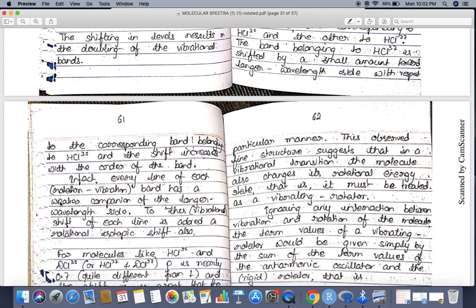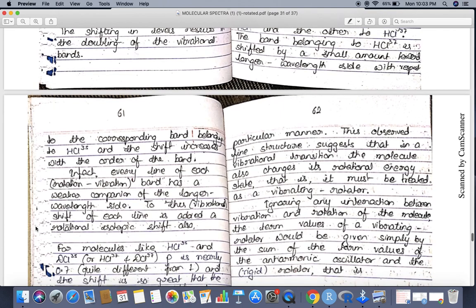In fact, every line of each rotation-vibration band has a weaker component on the longer wavelength side, and to the vibrational shift of each line a rotational isotopic effect is also added. So these bands are also influenced by the isotope effect through the rotational spectra as well.